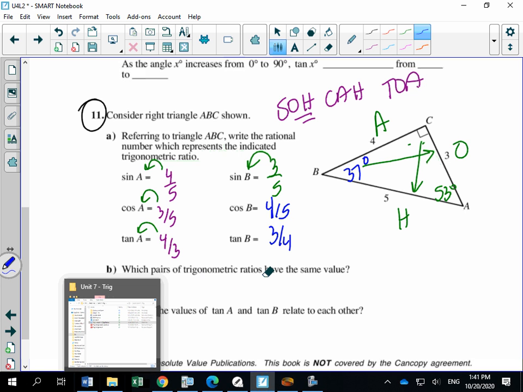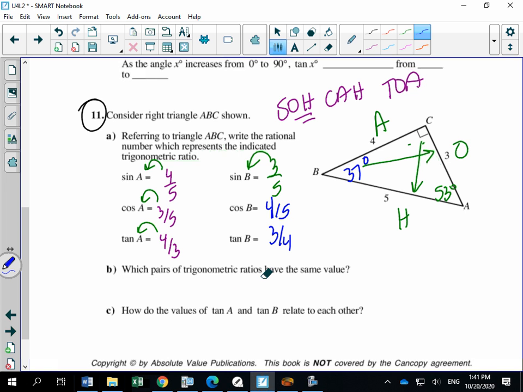Okay, so let's see. Which pairs of trig ratios have the exact same values? Do you see what it would be? Sine of A is equal to which one? 4 over 5. So this trig ratio, you guys, sine of A, how they want you to answer this is this.